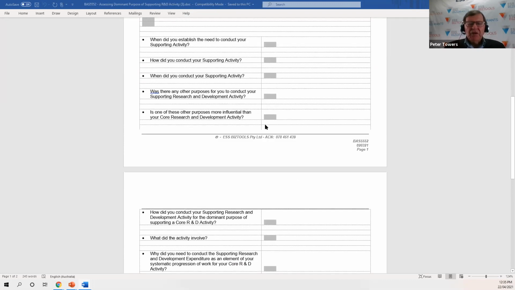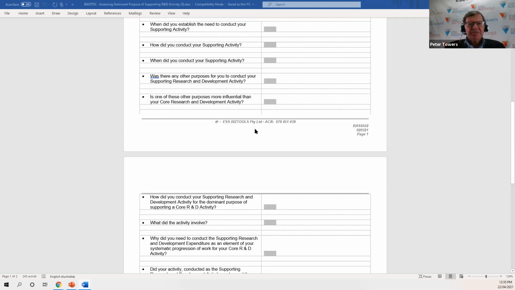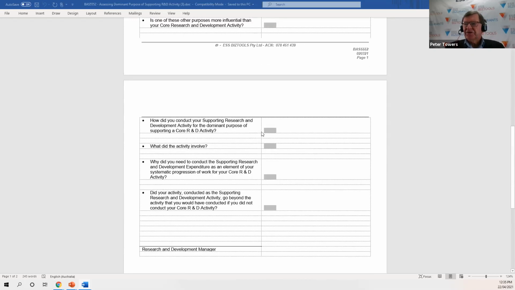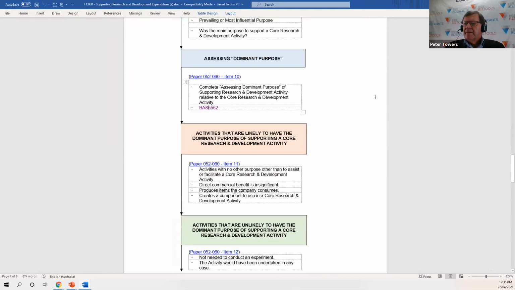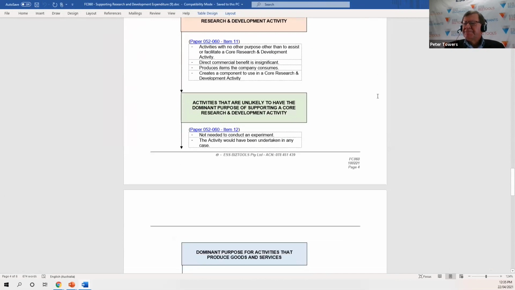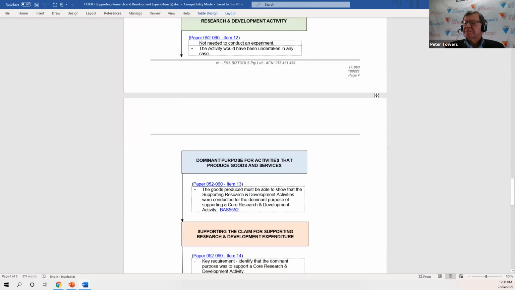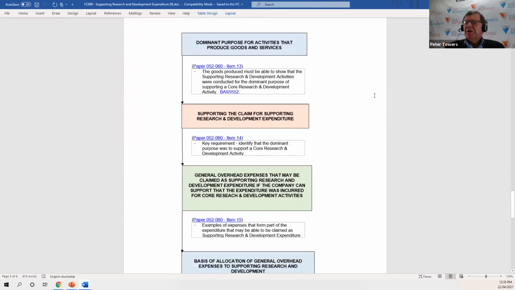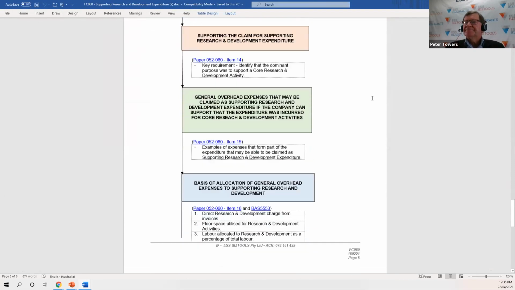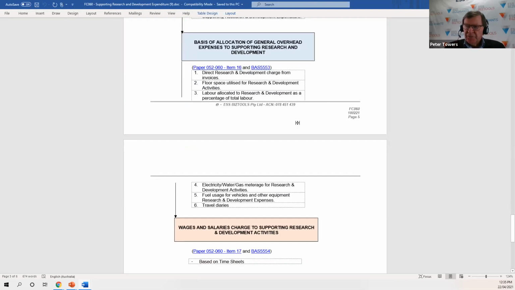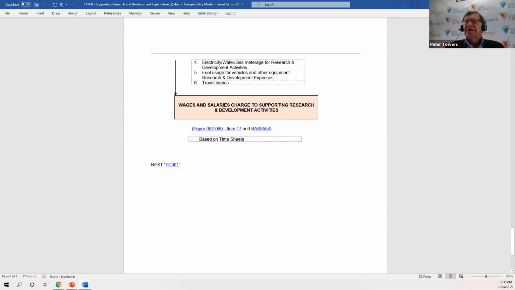So that all aspects of the requirements from the legislation and the documentation from the tax office and AusIndustry is being attended to. So in this way, we're assembling the research and development's supporting activity costs. And we're indicating the way those general costs have been distributed.